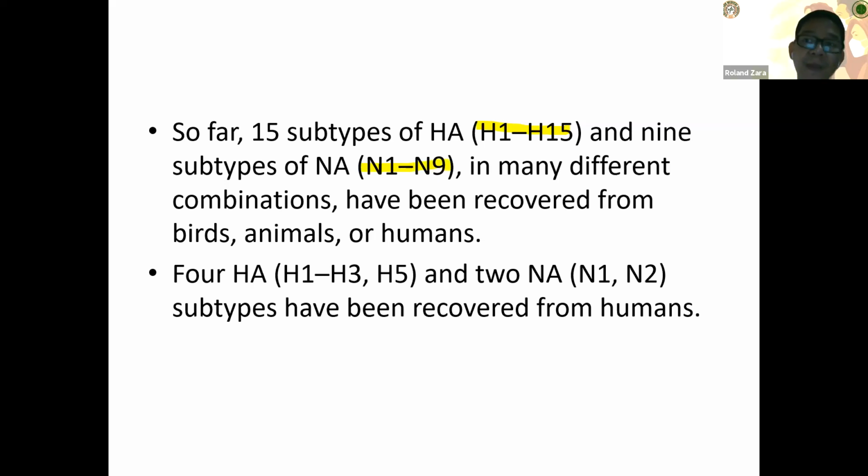Depending on where it is isolated, which countries, and when it happened, there are many different combinations. They have been recovered from birds, animals, or humans, through genetic reassortment. For HA, H1, H2, H3, and H5, and for NA, N1 and N2 subtypes have been recovered from humans.